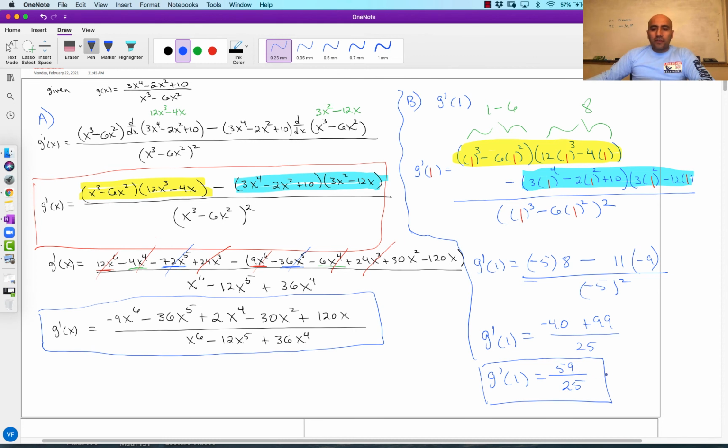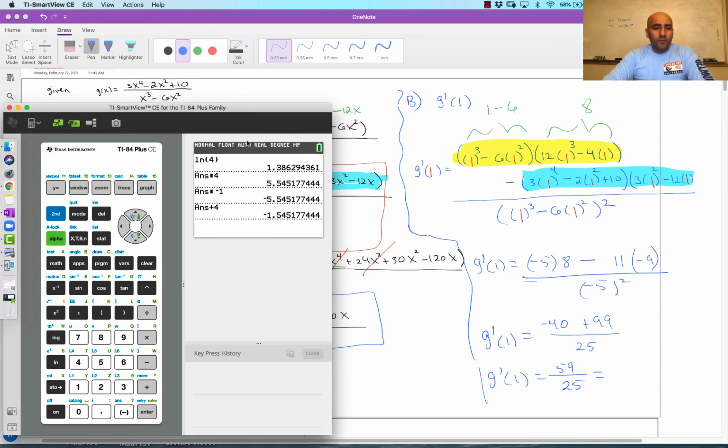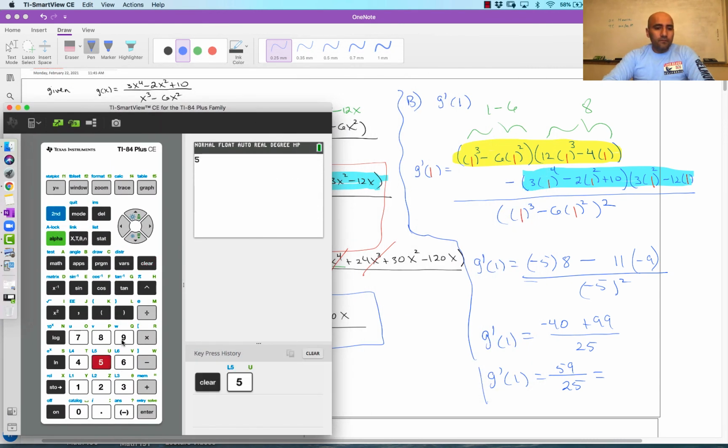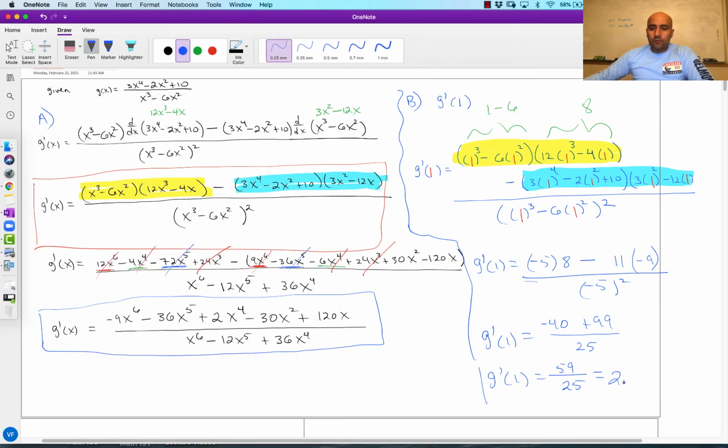We can also just turn that into a decimal to get a better sense. It's a little bit more than 2, right? It's 2 9/25. So g prime of 1 equals 2.36.